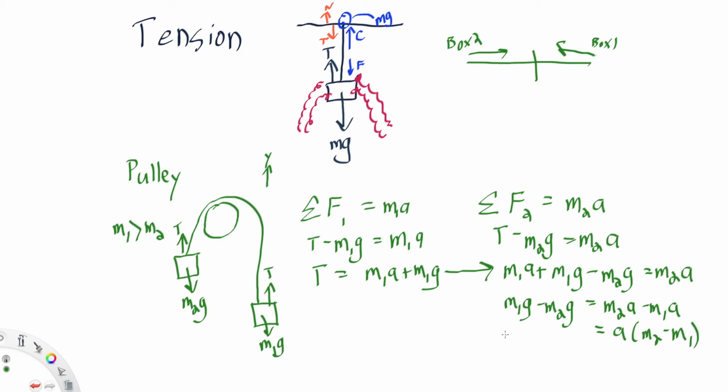And on the left, I'm going to factor out a g, just for aesthetic purposes. m1 minus m2. And then to solve for a, we just have to divide both sides by m2 minus m1. And so we get g times m1 minus m2 divided by m2 minus m1 equals a. There's the acceleration of the boxes.